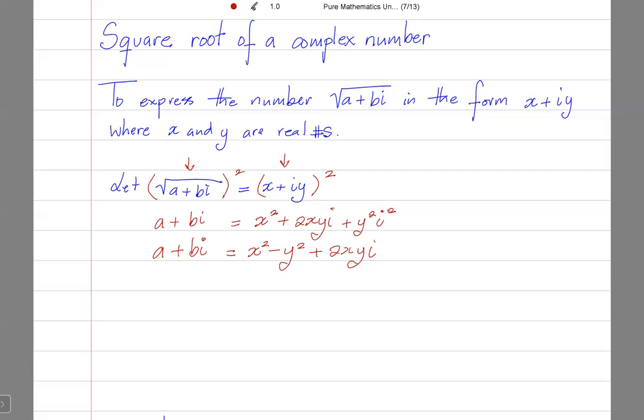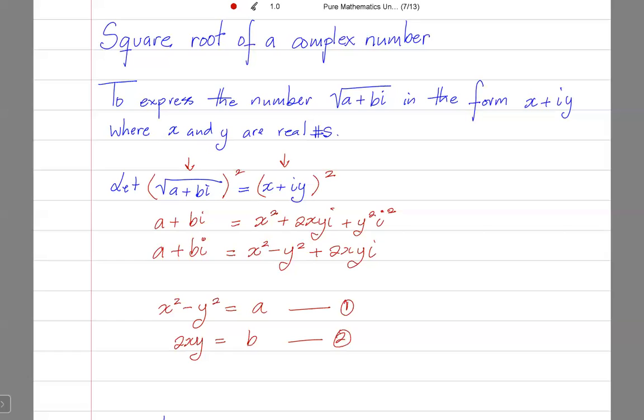The real part, x squared minus y squared, is going to be equal to the real part on the other side, which is a. And the imaginary part, 2xy, is equal to the imaginary part, which is b.